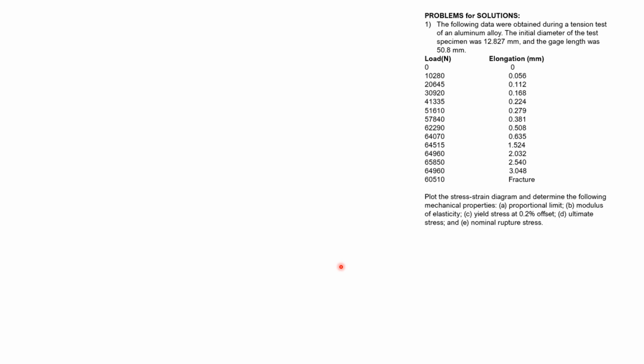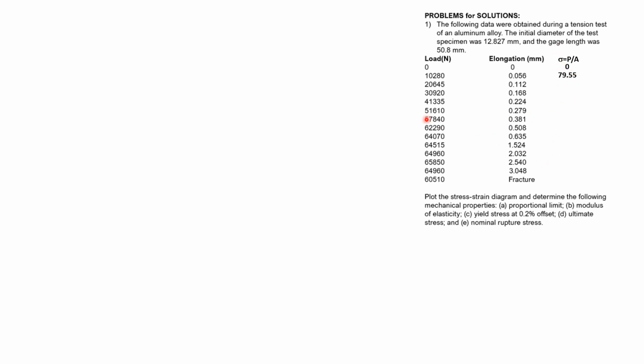Okay, so first let's compute the stress, which is force over area. Of course 0 divided by area is also 0. Then 10,280 divided by pi over 4 times 12.827 squared will give us 79.55 megapascals.